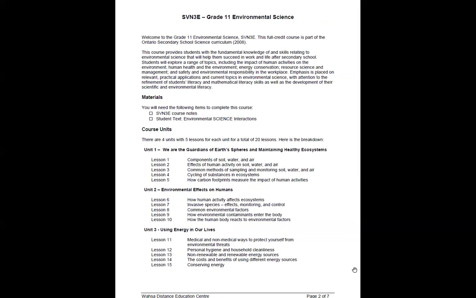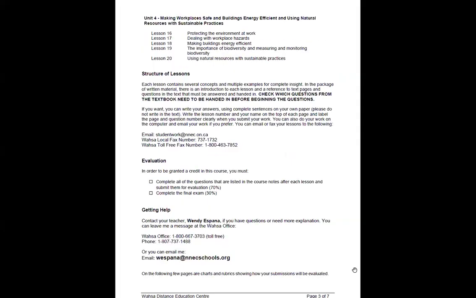Unit 3, using energy in our lives, lessons 11 to 15. And Unit 4, making workplaces safe and buildings energy efficient, using natural resources with sustainable practices, lessons 16 to 20, kind of a bit of a mixture in there for that one.